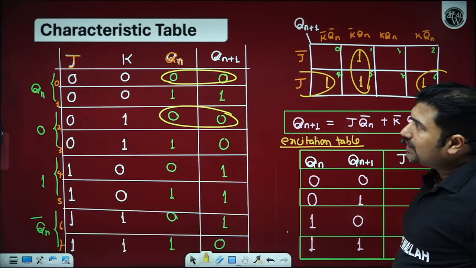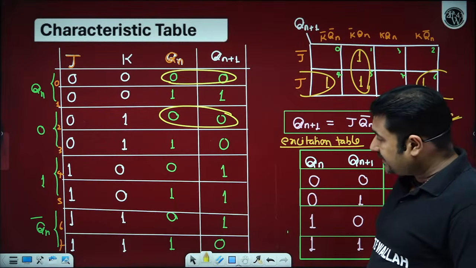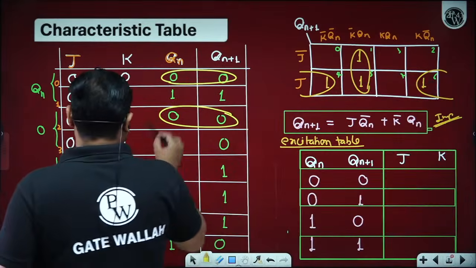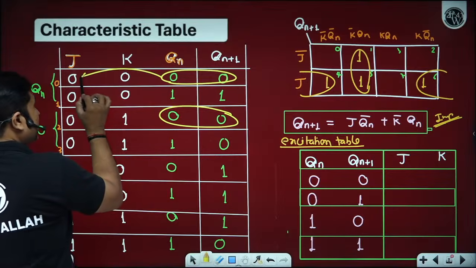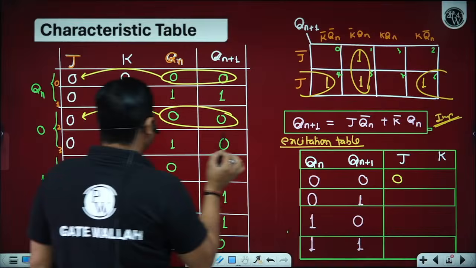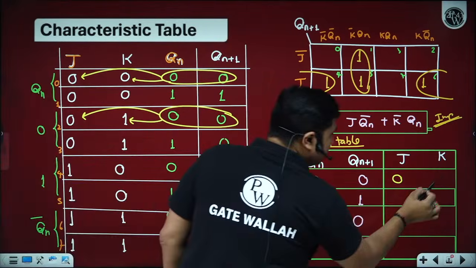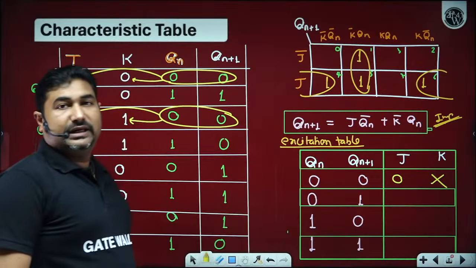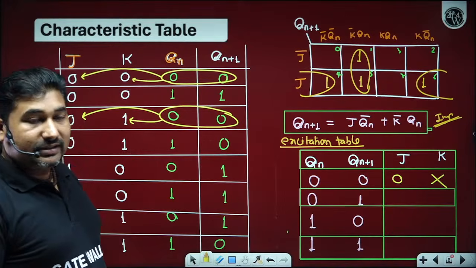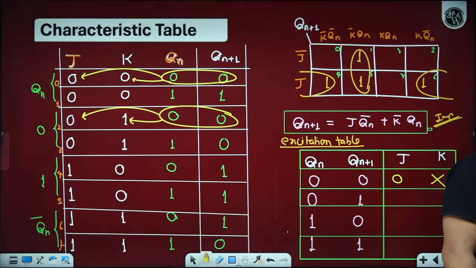So if you observe Qn and Qn plus 1, there is only two positions where present state is 0, next desired state is 0. What is the input to J? Input to J needed must be 0. However, input to K may be 0, may be 1. So anything can be at the input to K. But the input to J must be 0. Is it okay? Can you please let me know by writing in the comment section, beta ji?